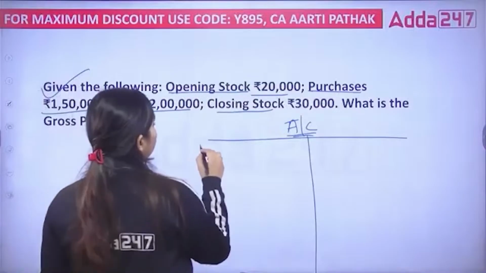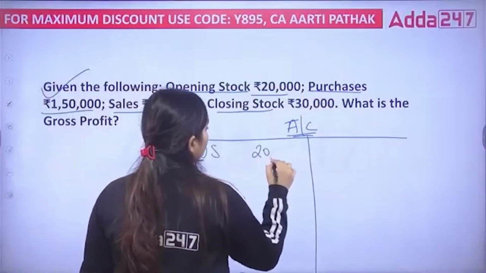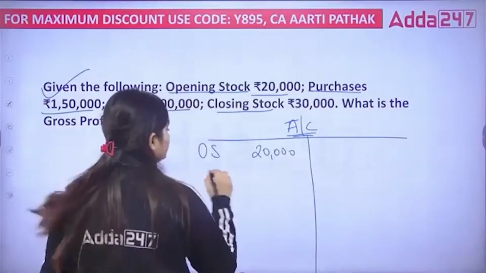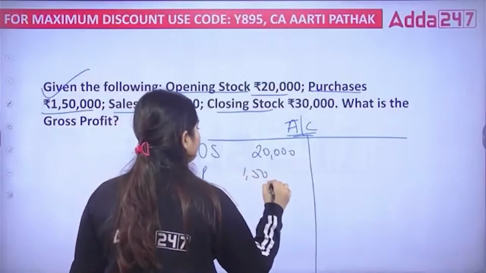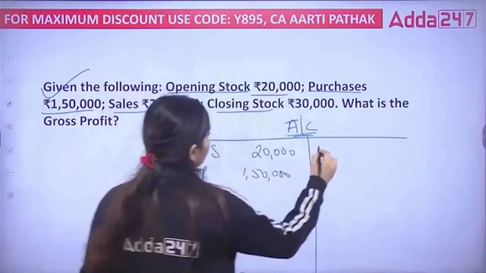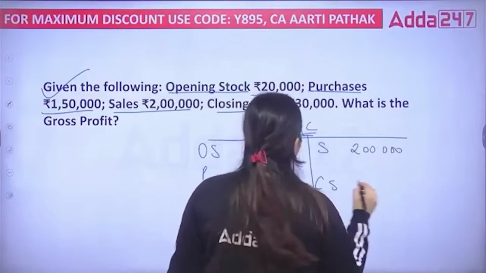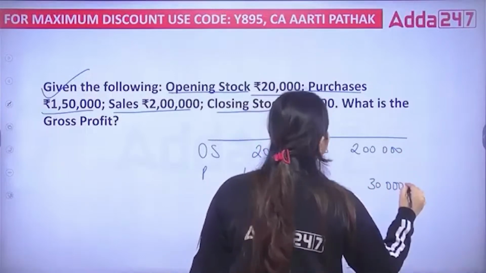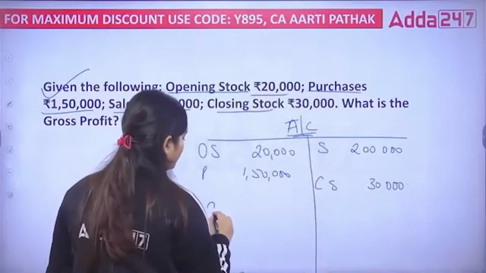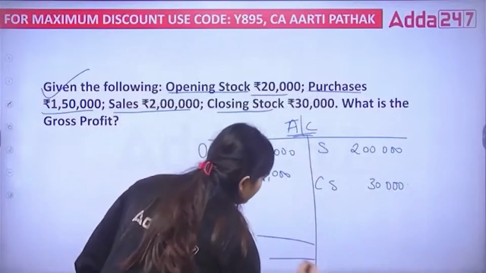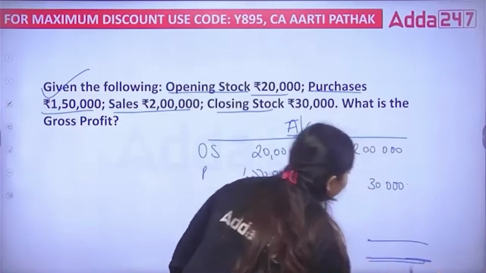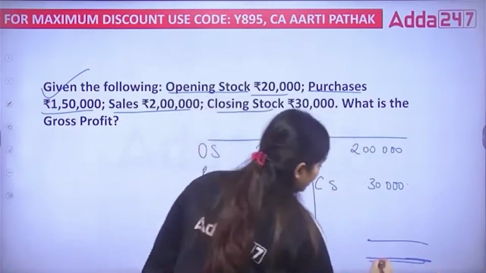So here opening stock equal to 20,000, purchases 1,50,000, sales 2 lakh, closing stock that is 30,000. You need to tell me gross profit. Remember, both sides need to tally. And which is the greater side?